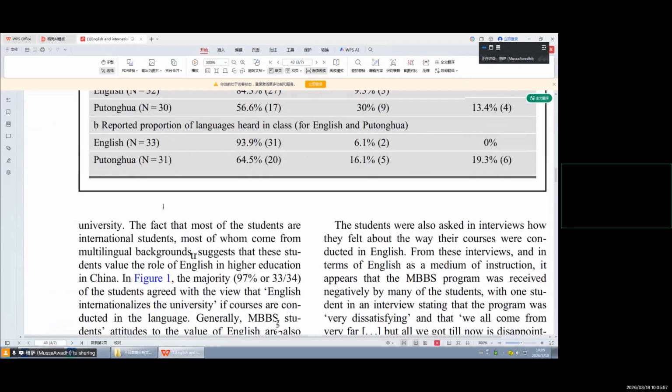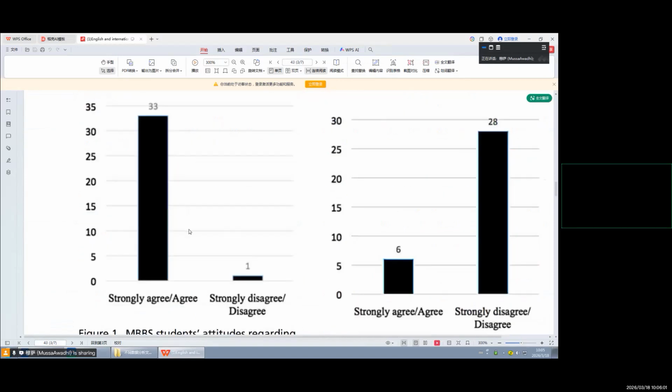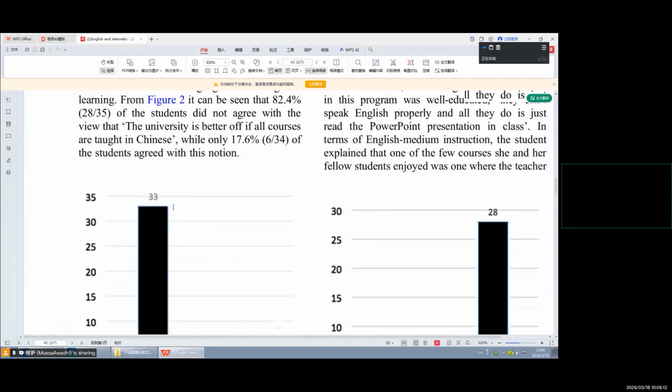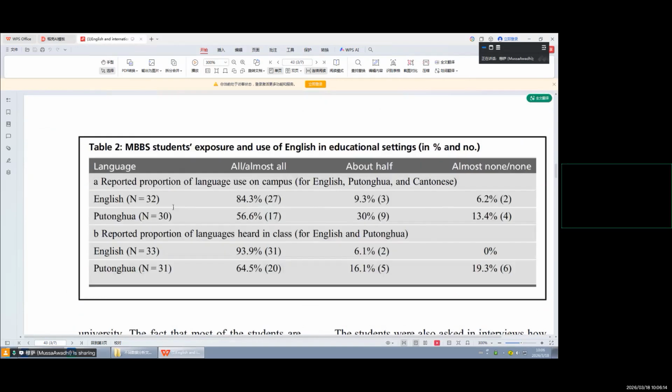So that can tell me what data analysis used in this study. What's this? What's this? Like these numbers. What are they?